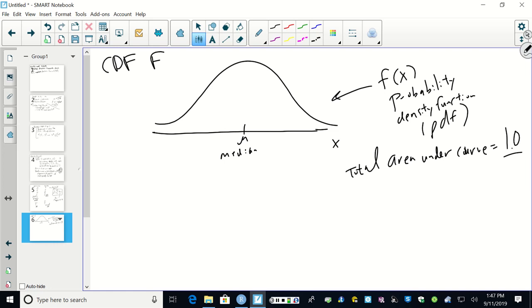Now the cumulative distribution function, F of x, is the probability that X is less than or equal to something. Right? So essentially you choose a value of x here, and then you look at the probability underneath that. So it's really an integral.